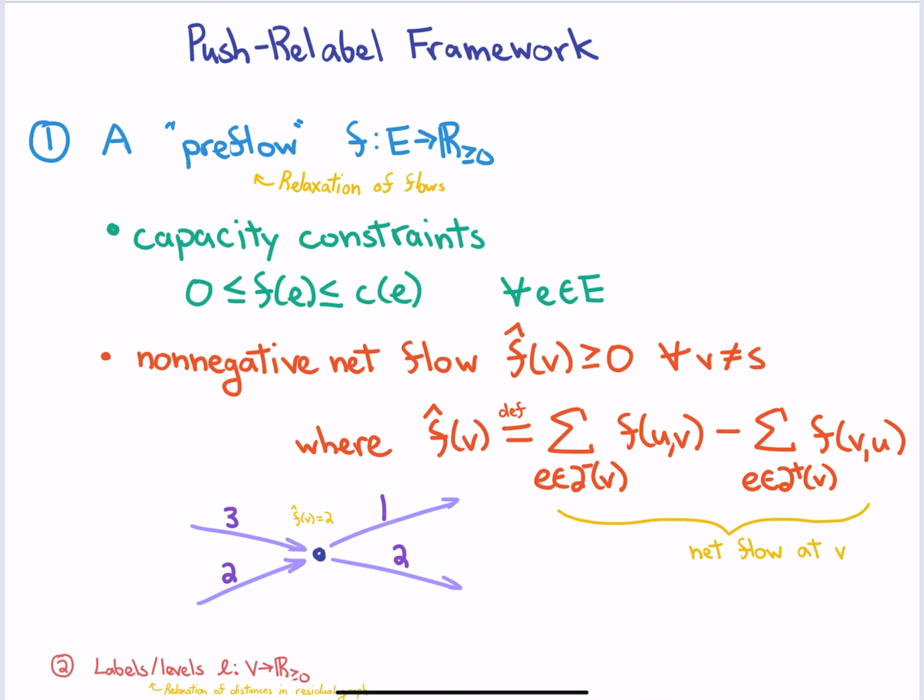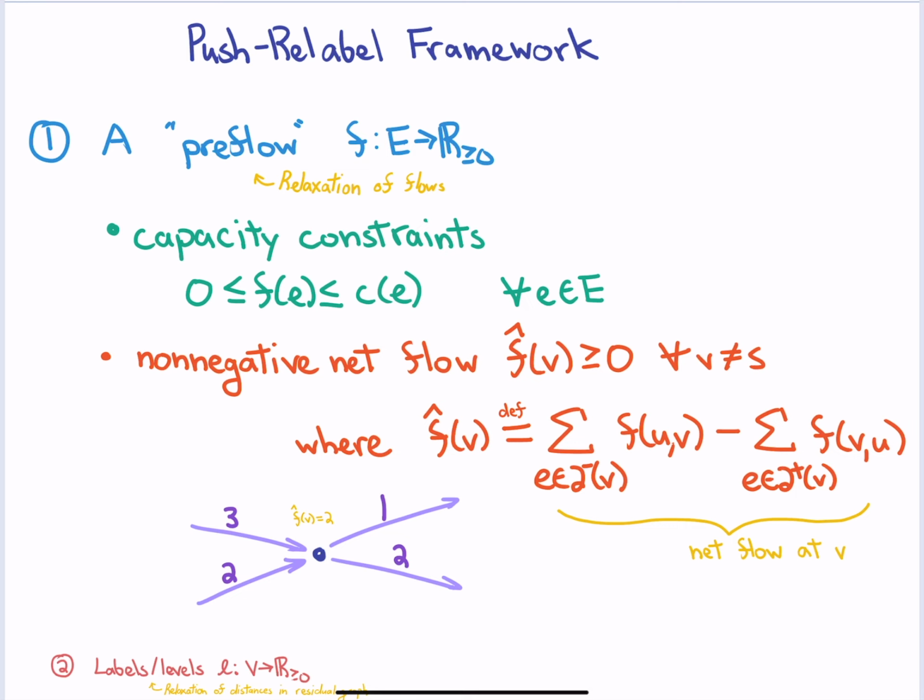So I'm using F hat of V to be the net flow at V, the amount of flow going in minus the amount of flow going out. And we require that to be non-negative for every vertex that's not a source. The source only has flow going out, but everyone else can swallow up some flow. So the intermediate parts of the algorithm are going to be relaxed.